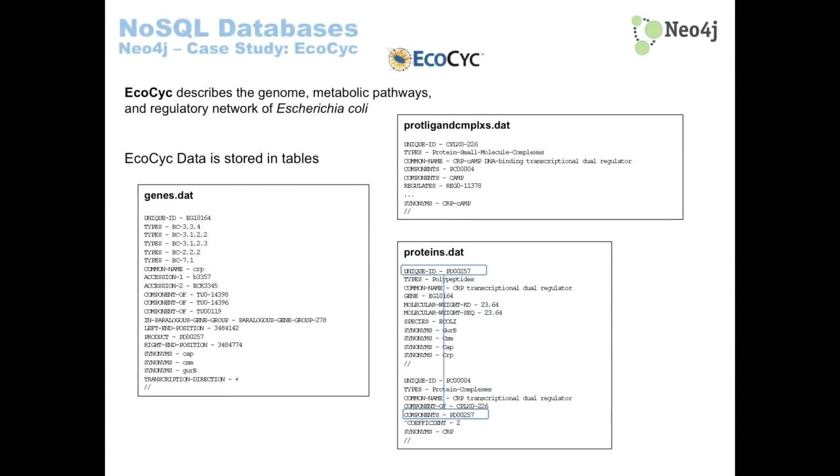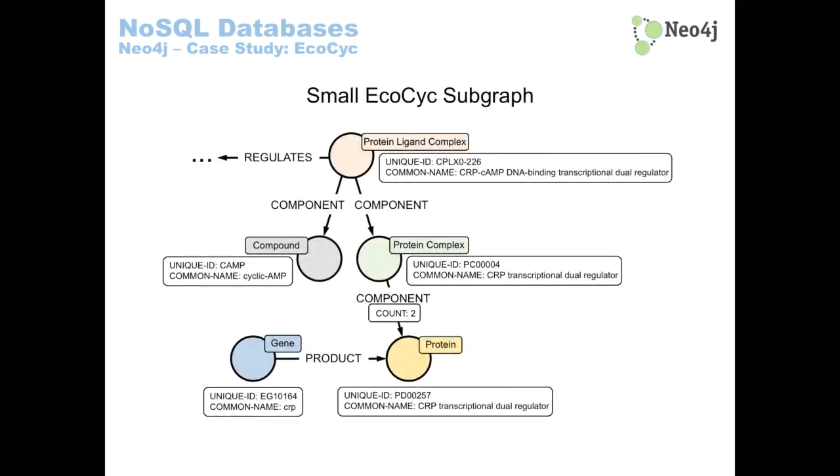And so other connections that we can find there are this connection that says that this protein complex is a component of this protein ligand complex. So anyway, there's just all of these connections that you can find between the tables that you can extract and use to build a graph database.